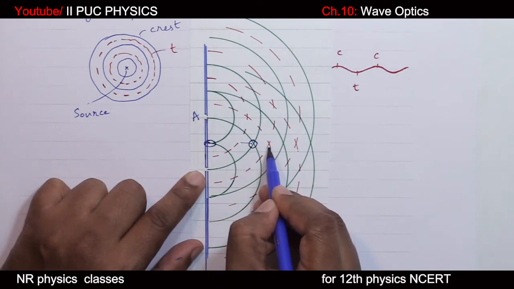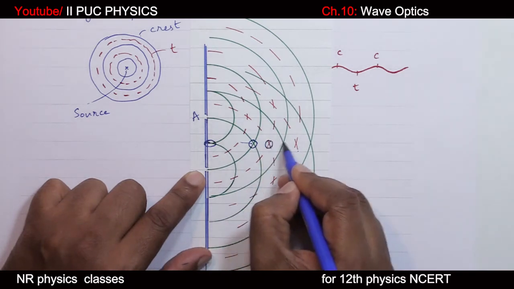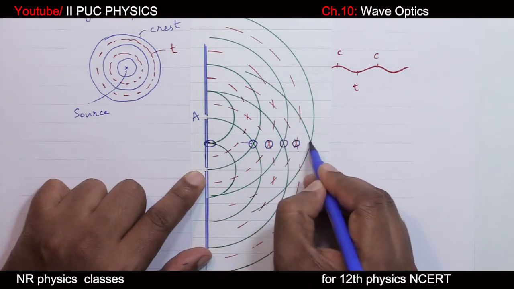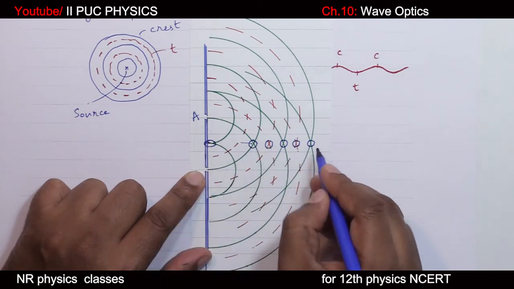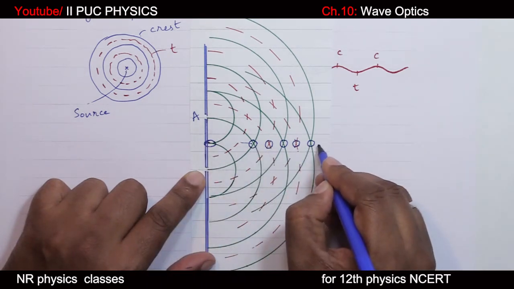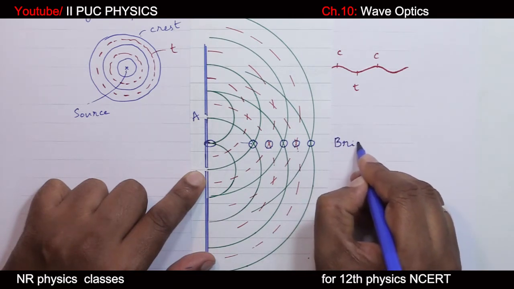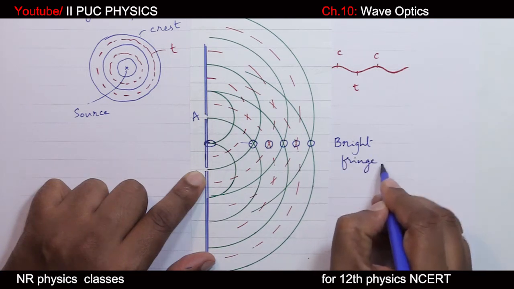Can you observe red on red, trough on trough, constructive interference, crest on crest, constructive interference. So constructive interference means this results in bright band. Let me write bright fringe. Fringe means band.